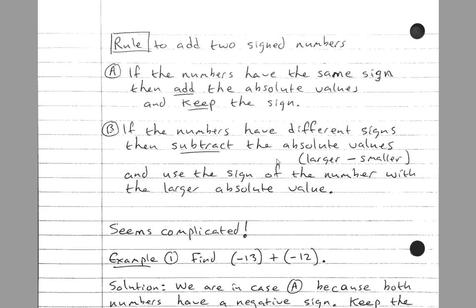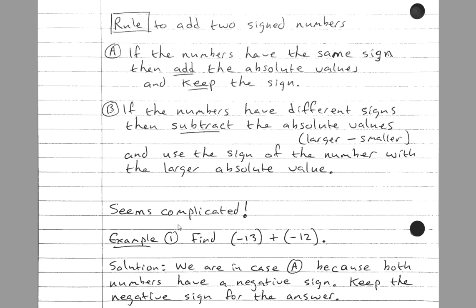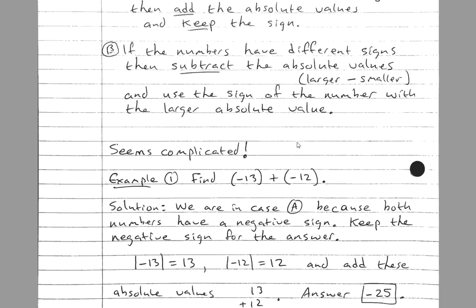If the absolute value of the positive number is bigger, the answer will be positive. If the absolute value of the negative number is bigger, the answer is negative. It's like a tug of war. One number is going to dominate and push you to the left or the right past zero. When you write down this rule, it does look a bit complicated, so we need to practice.